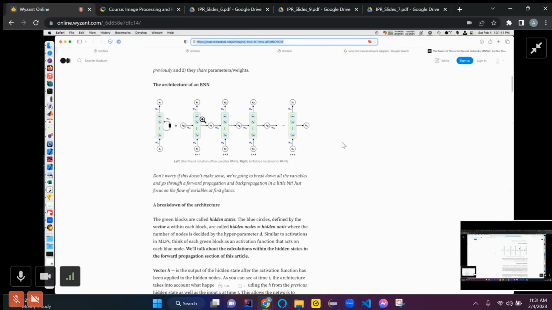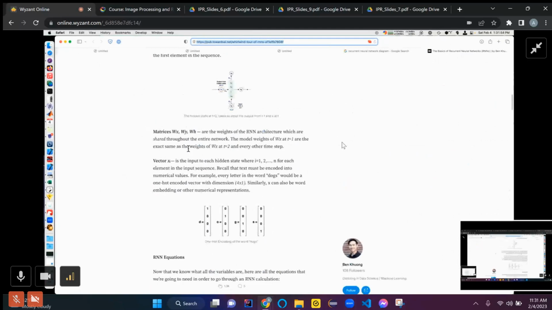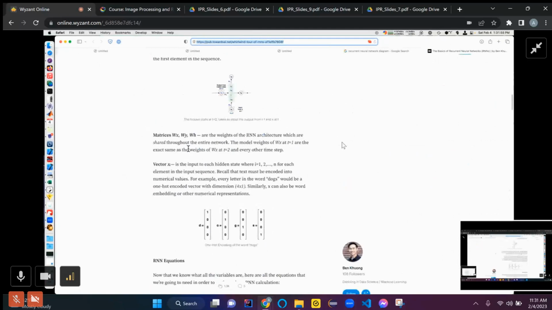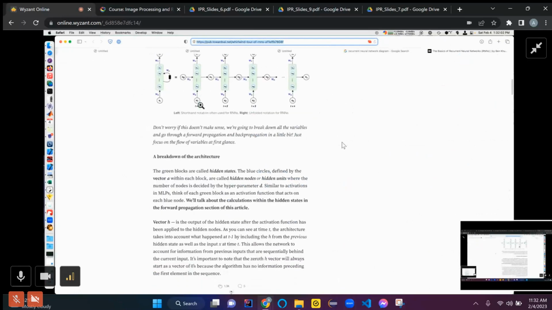That gets run and you get a vector of outputs. The WYs are the weights, but you get a vector of outputs and then they're weighted.